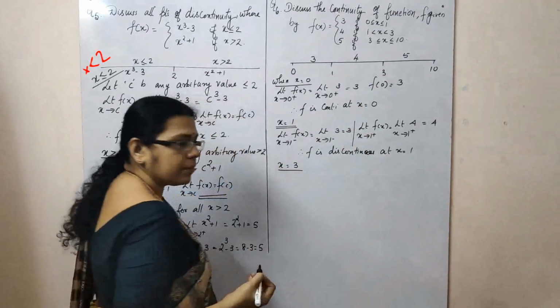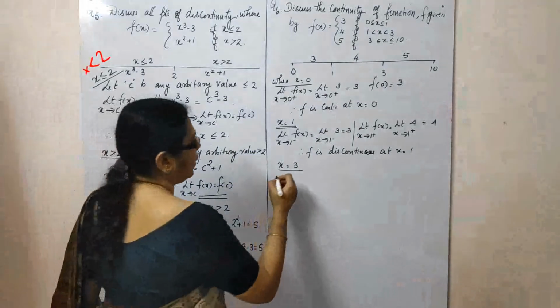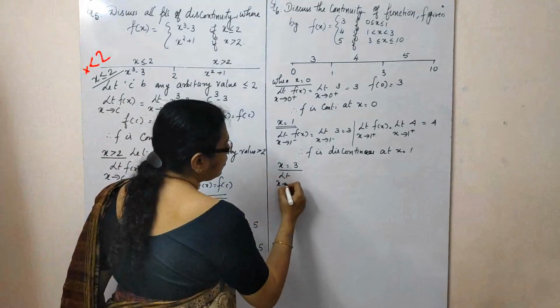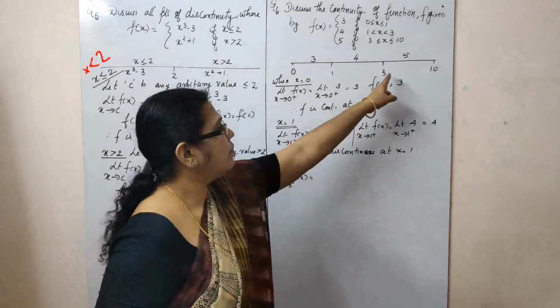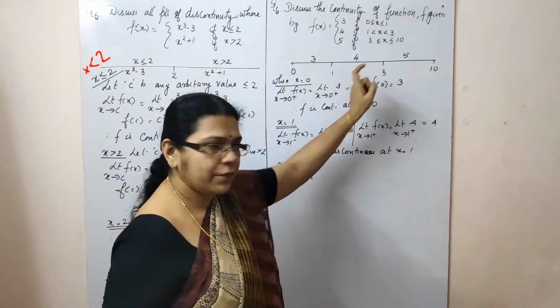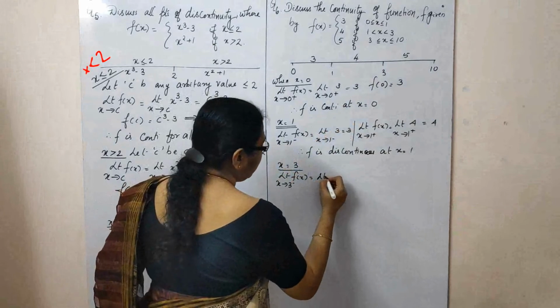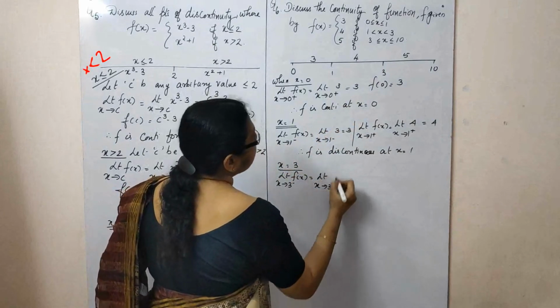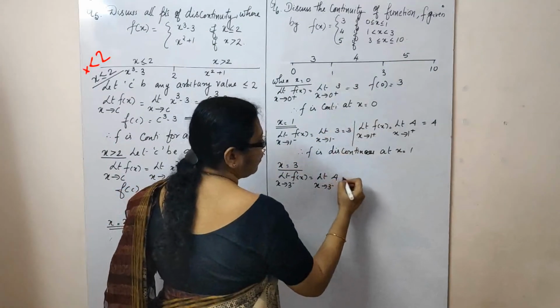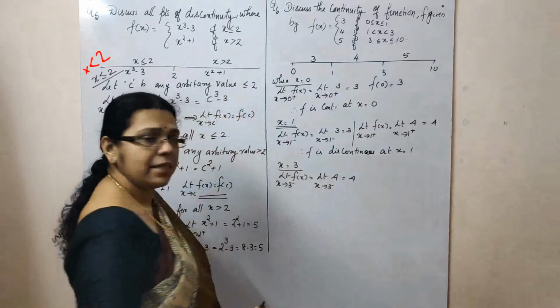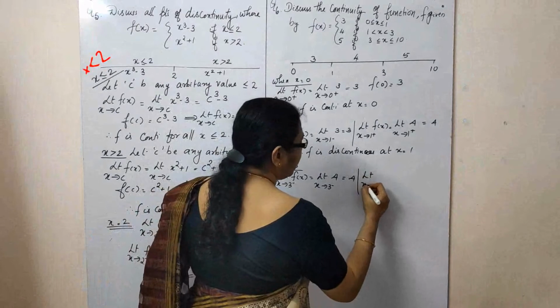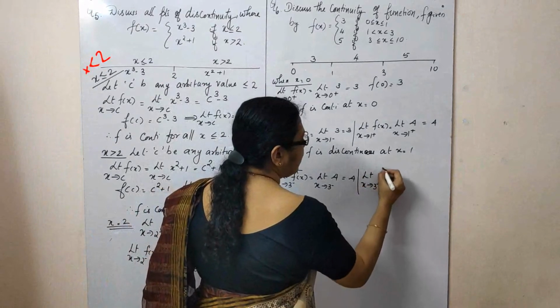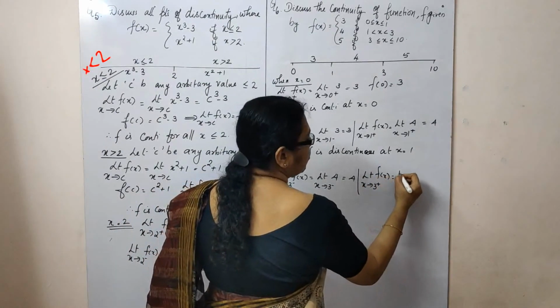3. Right? When x is equal to 3, limit of x tends to 3 minus f of x, on the left hand side of 3, lesser than 3, is equal to limit x tends to 3 minus of the value of the function, which is 4. So I have it as 4. 4 is a constant, right? At the same time, limit x tends to 3 plus f of x, which is equal to what?